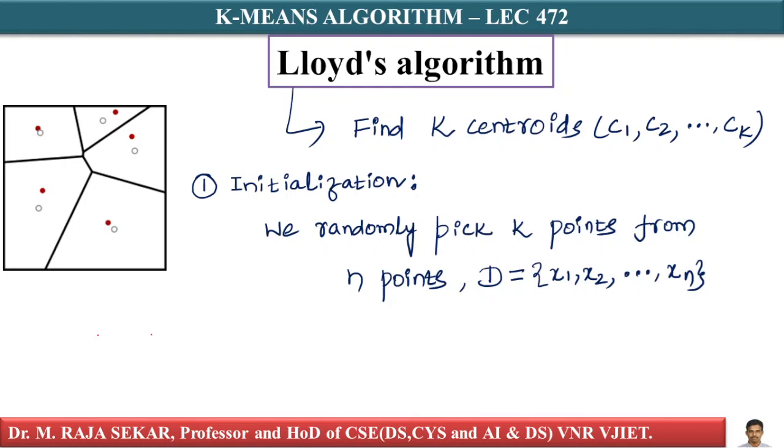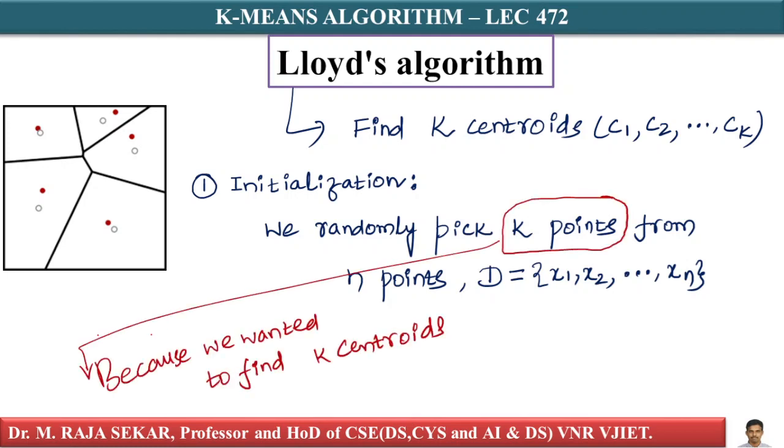In the initialization step, because we are given a data set D of n points, x1, x2, ..., xn, we randomly pick k points because we want to find k centroids.